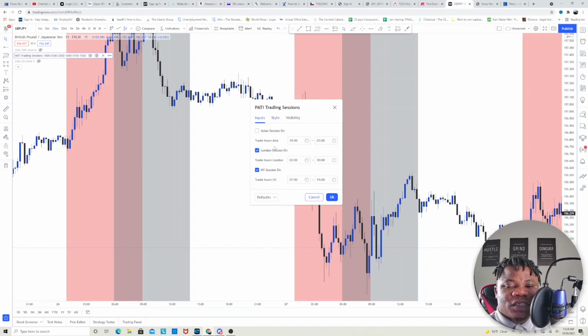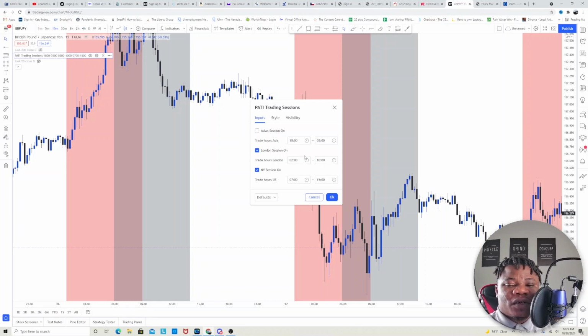For the input, you uncheck Asian session and you check London session and the New York session. Now your time zone is definitely going to be different from mine, because my time zone is Central, yours might be Pacific or Eastern. So make sure you change those to your time zone so that everything can match correctly.